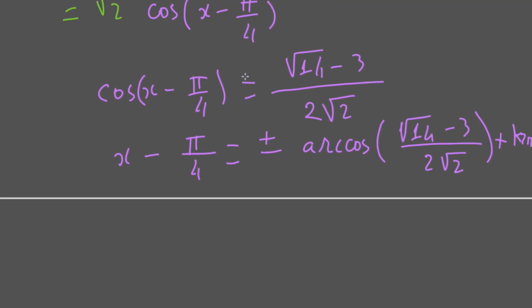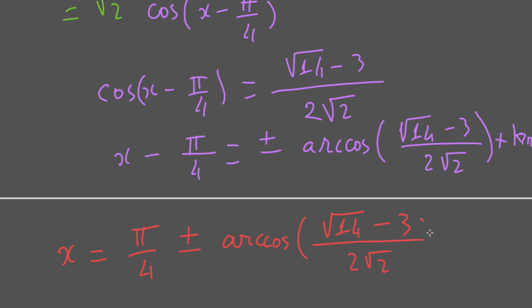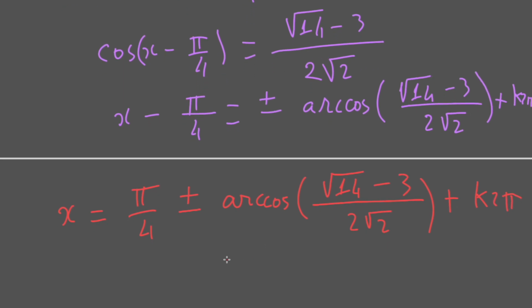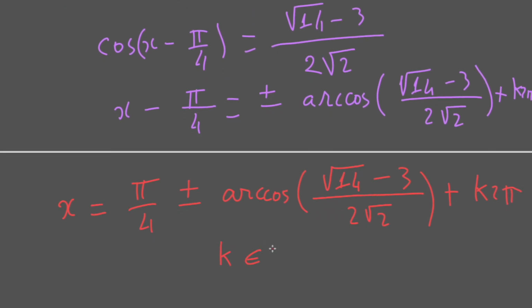Then again, x will be equal to pi over 4 plus or minus inverse cosine of square root of 14 minus 3 over 2 square root of 2, plus k pi, where k is an integer.